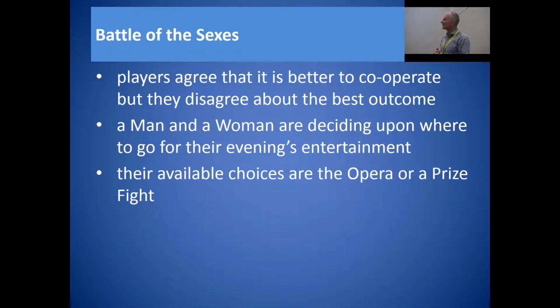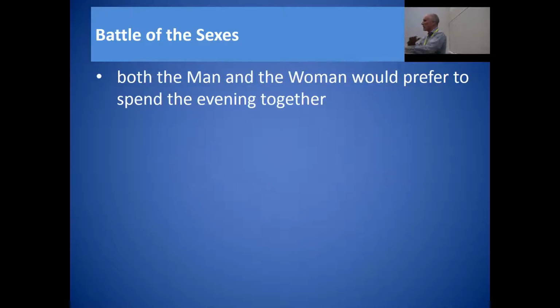What we haven't said anything about so far, though, are their preferences. What would the man prefer? What would the woman prefer? And again, what about that first bullet point, that they want to cooperate with one another? Well, in terms of their preferences, in this battle of the sexes, the most important thing for the man and the woman, absolutely, is that they spend the evening together. That overrides everything.